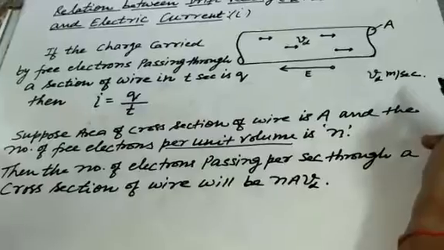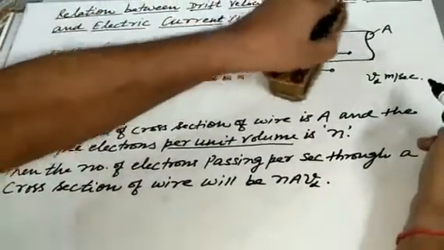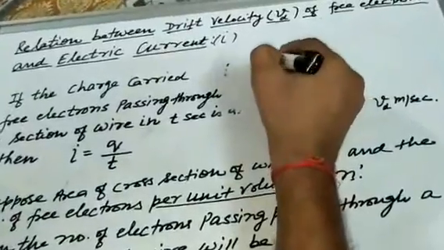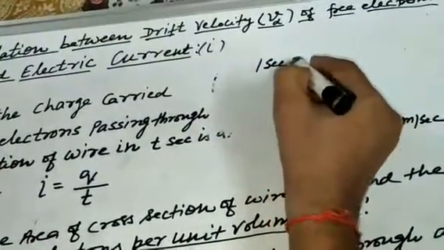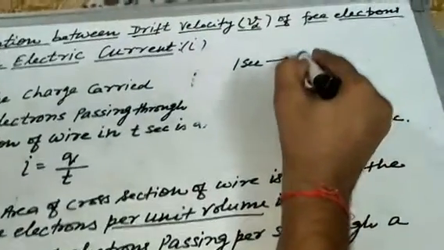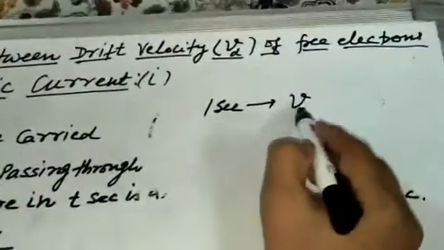In other words, in this conductor, in 1 second the distance traveled by the free electron is Vd meter.